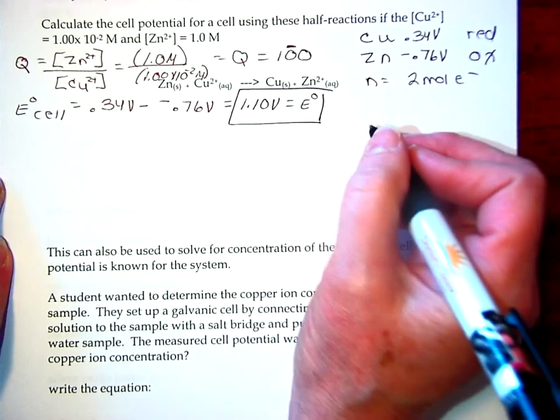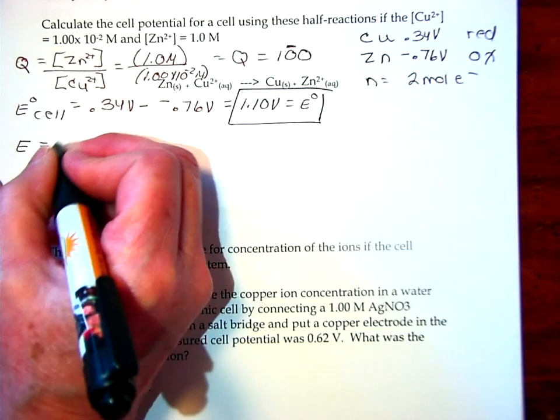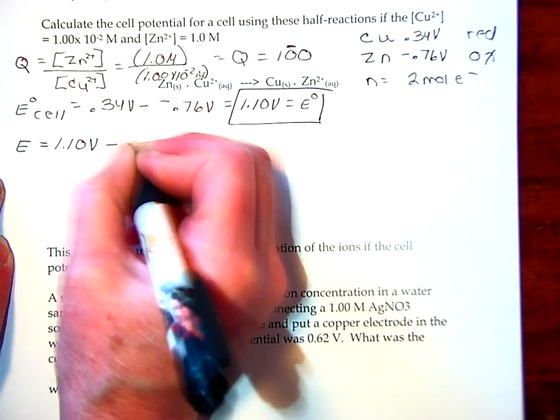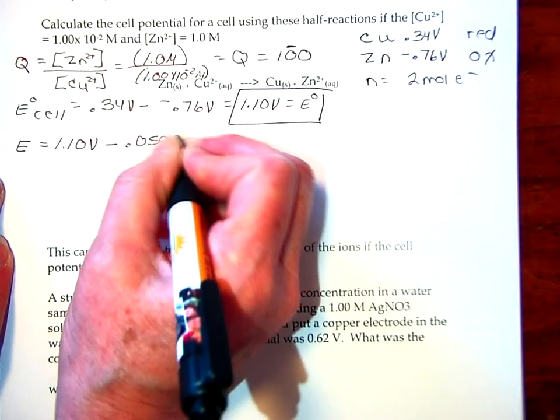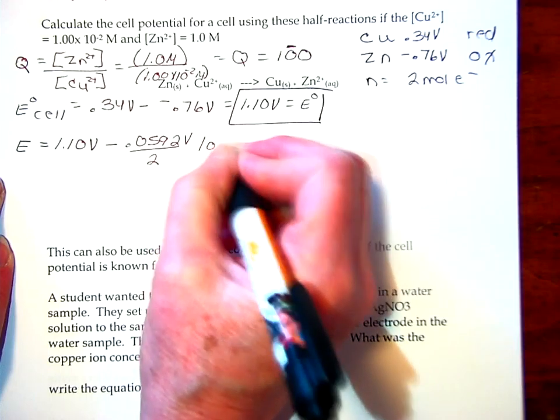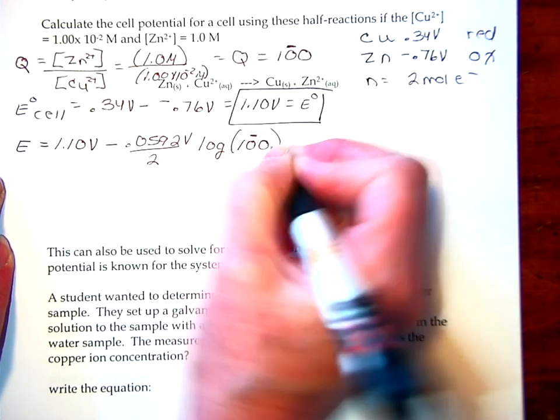Now I can go ahead and plug into the Nernst equation. E is equal to E0, 1.10 volts, minus 0.0592 volts, divided by 2 moles of electrons, times the log of 100, with 2 sig figs.